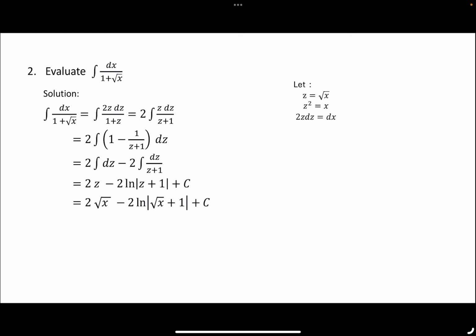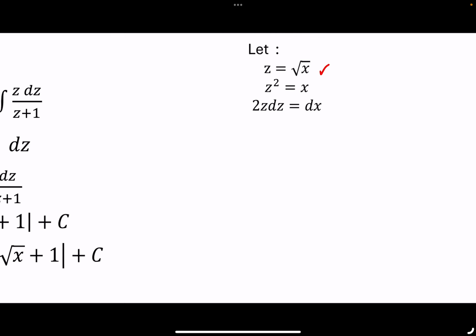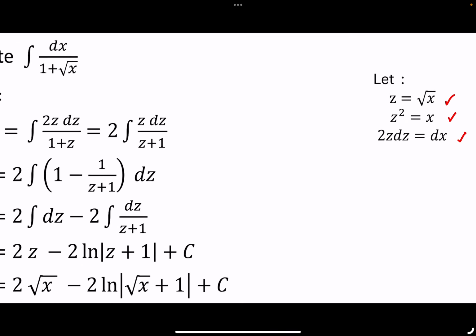For our second example, we have dx over 1 plus square root of x. For this, we're going to do the same substitution. z is equal to square root of x, z squared is x, and its differential dx is equal to 2z dz.